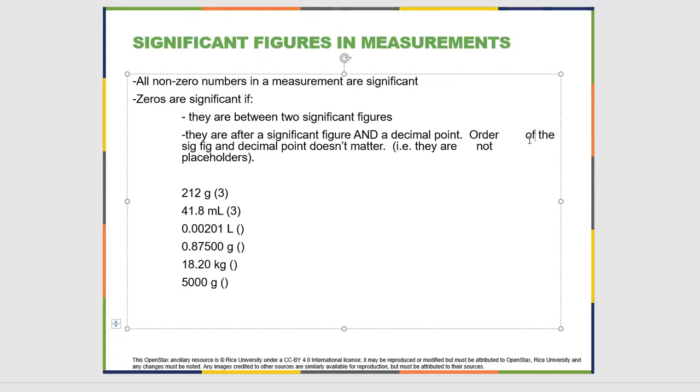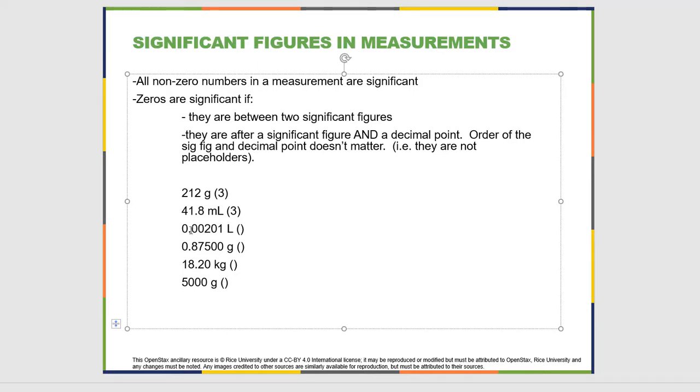The order of the sig fig and decimal point doesn't matter, i.e., they are not placeholders. So if a zero is after both a significant figure and a decimal point, whether the sig fig comes first or the decimal point comes first doesn't matter, then the zero is not a placeholder and therefore it is significant. The best way to explain this is in terms of examples.